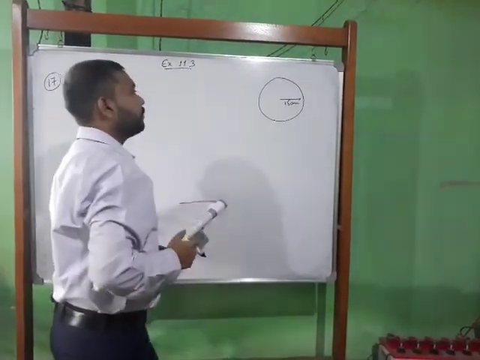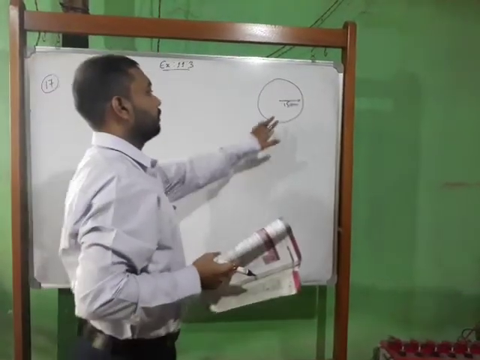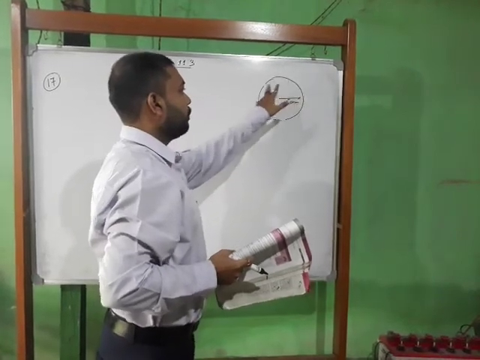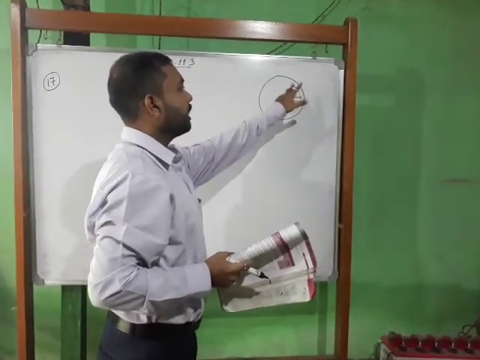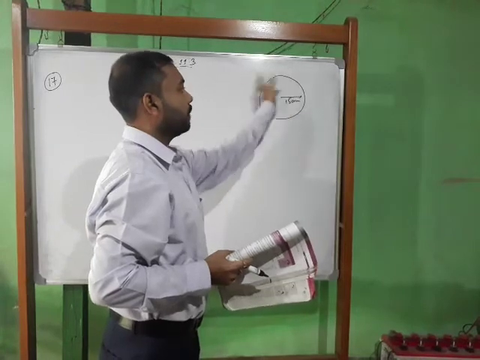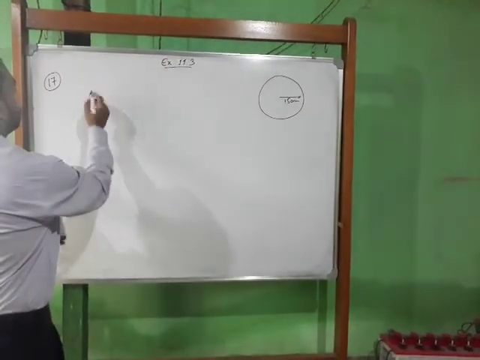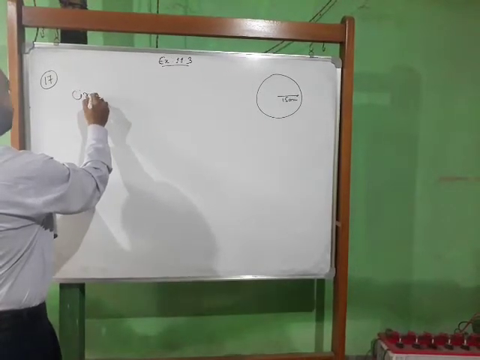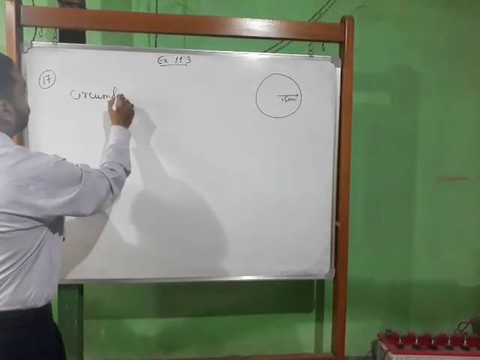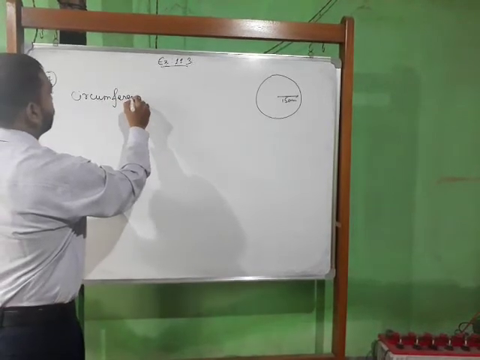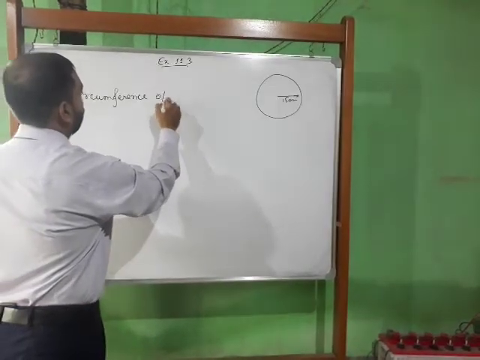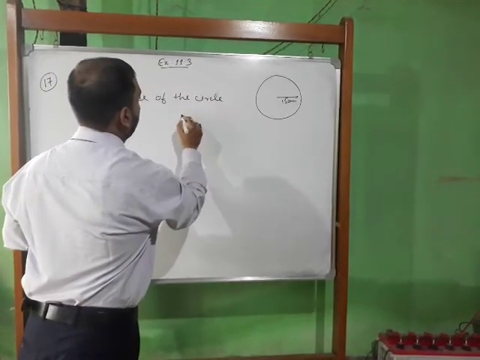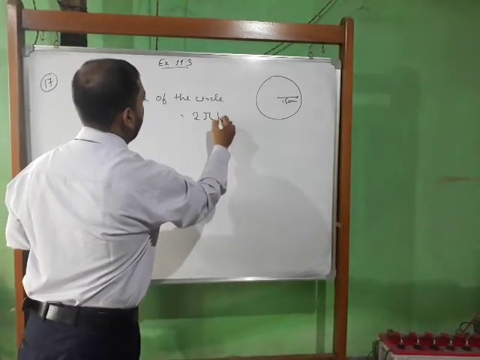So we have to take out the circumference, because from the circumference only we can know how far this minute hand is moving in 1 hour. So the circumference of the circle is equal to 2 pi r.